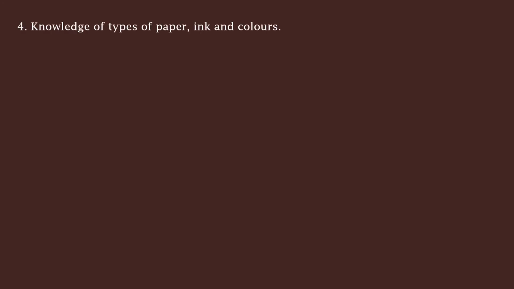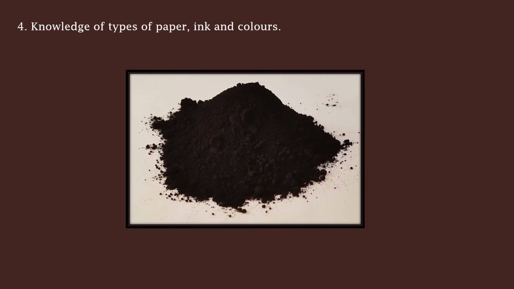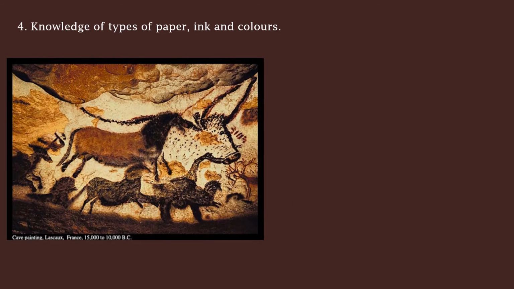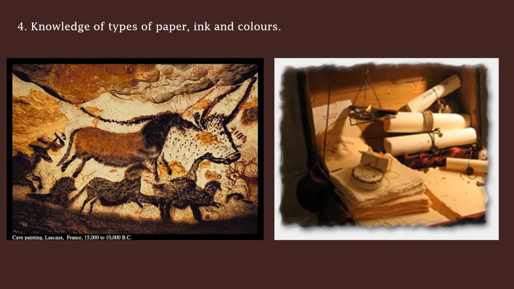Knowledge of types of papers, ink and colors. You know, the earliest inks from all civilizations are supposed to have been made with lamp black, a kind of soot. On a lighter note, it is said that history is full of ink, from Paleolithic cave paintings to parchment scrolls to printed books.